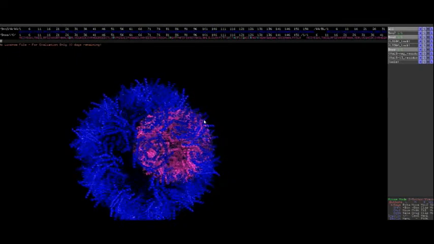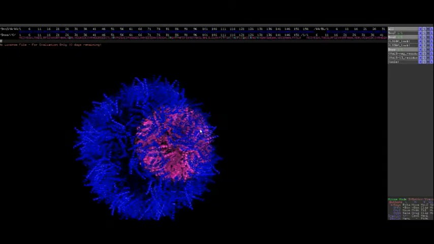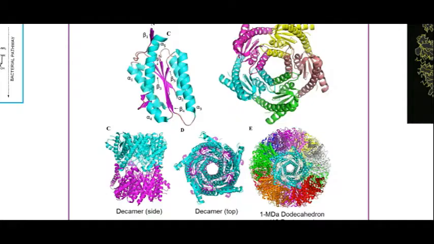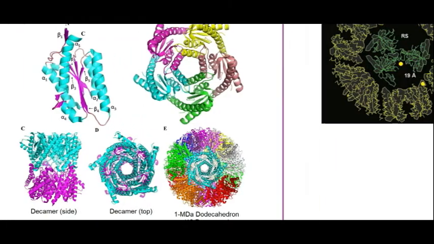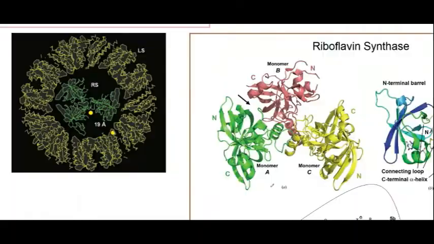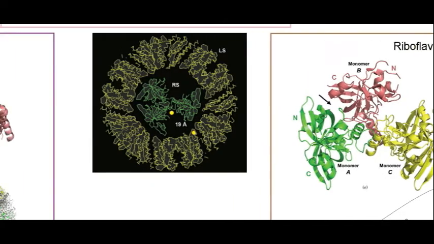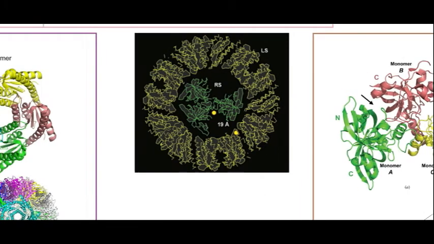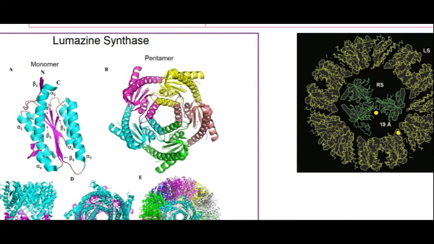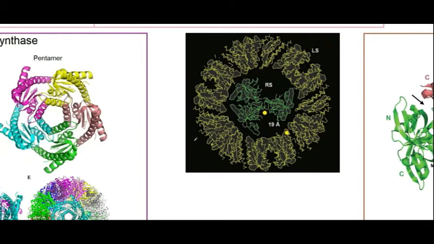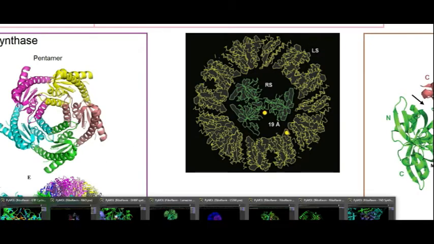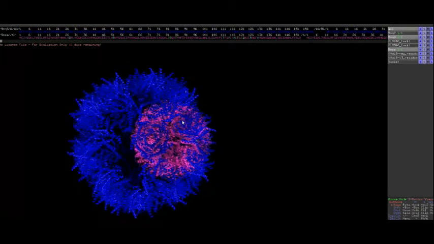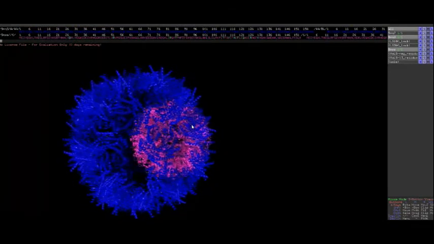And what's interesting, so I guess to skip ahead a little bit here, the next step of this reaction is the riboflavin synthase. And as I show here, this actually sits inside of the dodecahedron of the lumazine synthase. So it's encapsulated in that dodecahedron, which we can see here in the magenta color.